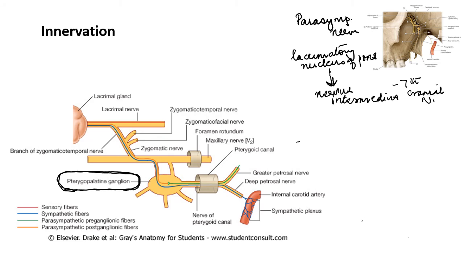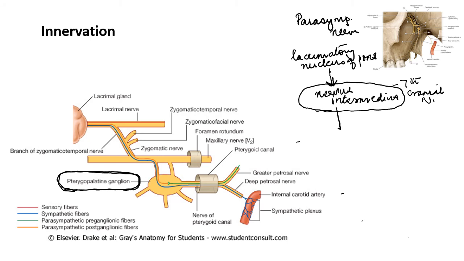So this cranial nerve has a sensory component and a motor component. The motor component we saw was the one supplying all the muscles of the face. Now, it is also carrying certain fibers which are traveling in this nervus intermedius part of the seventh cranial nerve, which is the sensory root of the seventh cranial nerve.